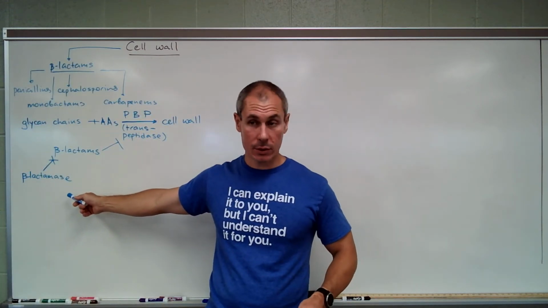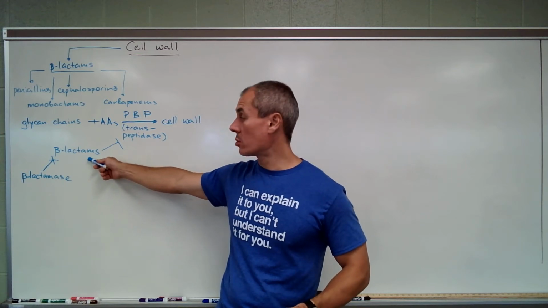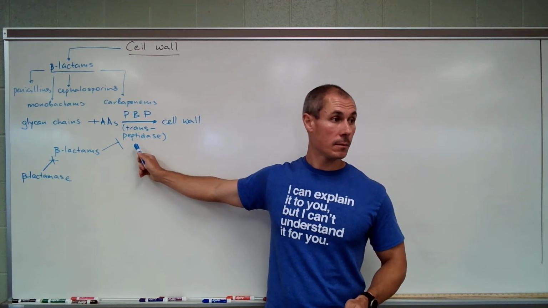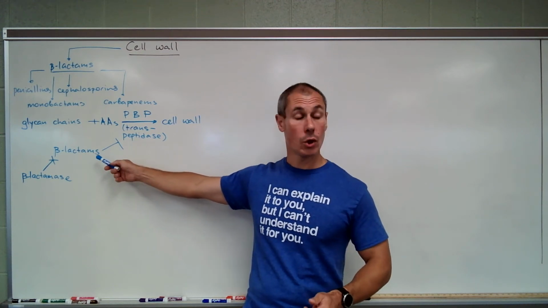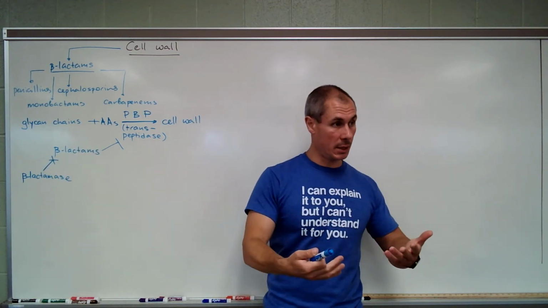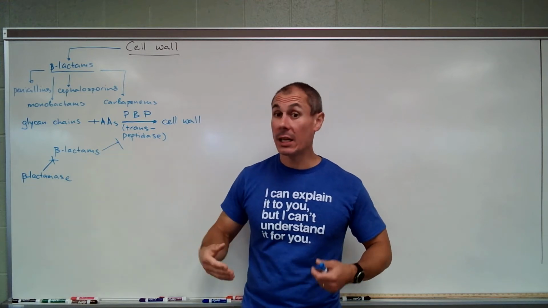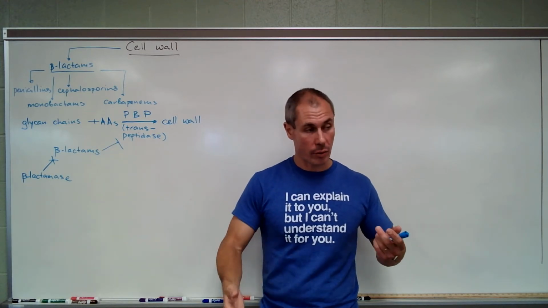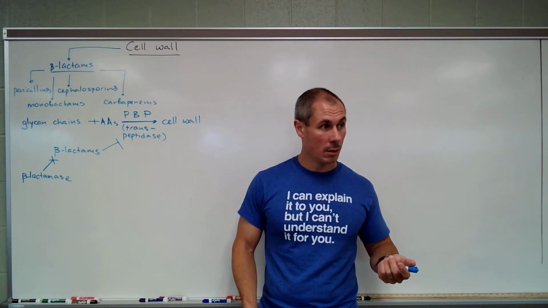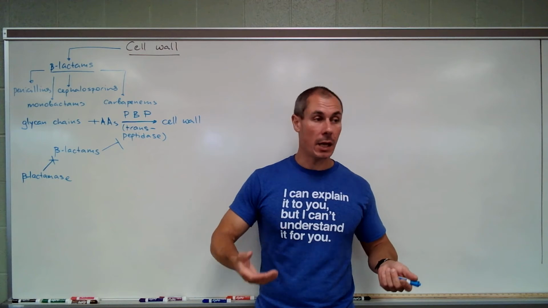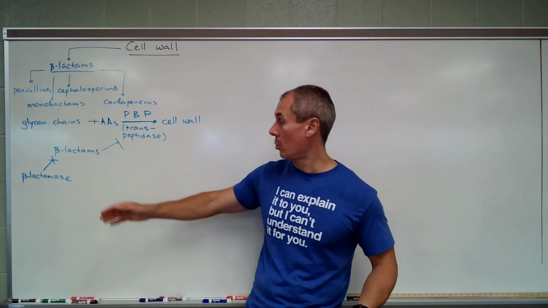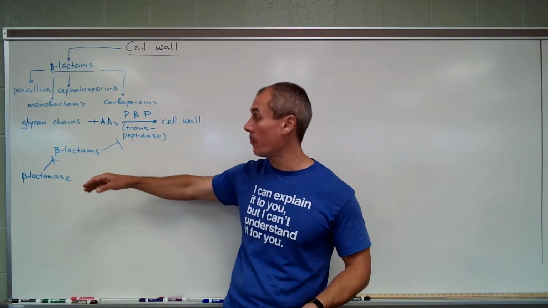If beta-lactamase changes the structure of beta-lactam, can it inhibit transpeptidase now? No, because beta-lactam inhibits it, and once it's chemically modified, it's not a beta-lactam anymore. Does that make sense? You see what I'm trying to say? A horse can walk. If you chop off the legs, it can't walk. So basically it chops off the legs of the beta-lactam.